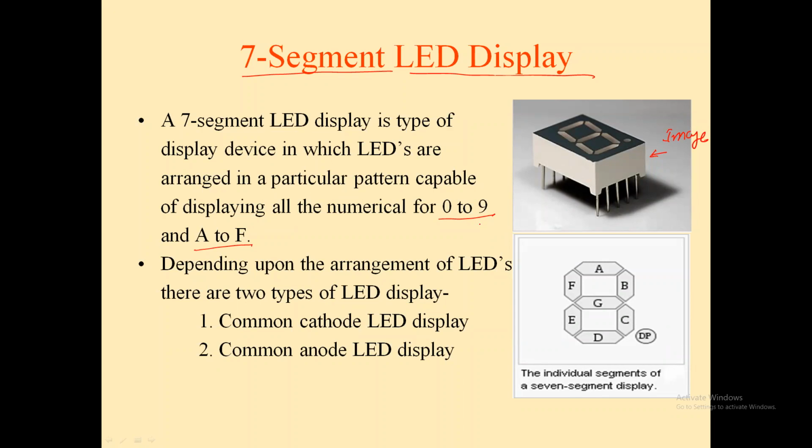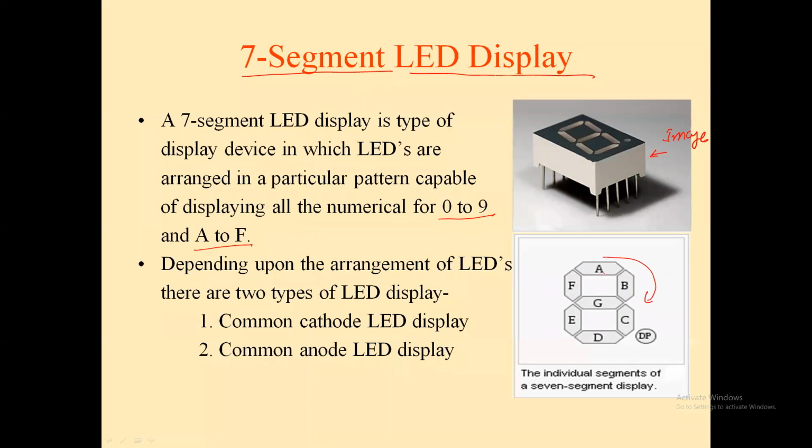Means to display something, such types of device are used. And how these 7 LEDs are grouped together, I have shown here. See this A, actually we have to rotate in a clockwise direction.